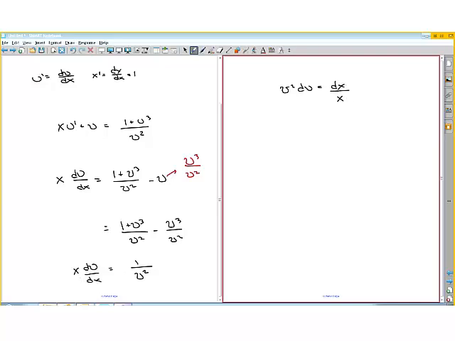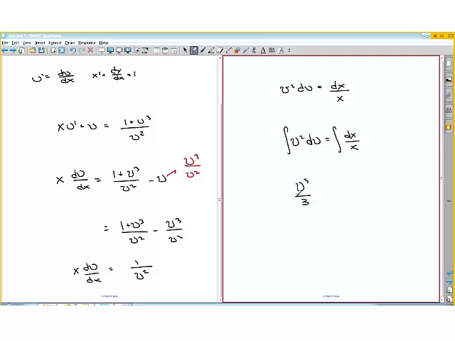So divide by x, multiply by dx, that gives us that term. Multiply both sides by mu squared, and so we can integrate. So you get the integral of mu squared d mu is equal to the integral of dx over x.